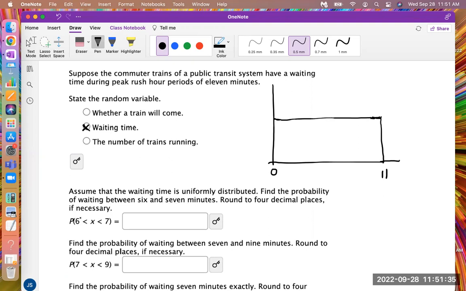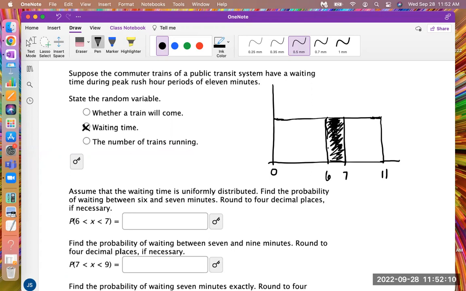So to find that, we have to find the area under this uniform distribution curve, which is a straight line, between 6 and 7. So the probability that the train will arrive between 6 and 7 is the area under the curve here.